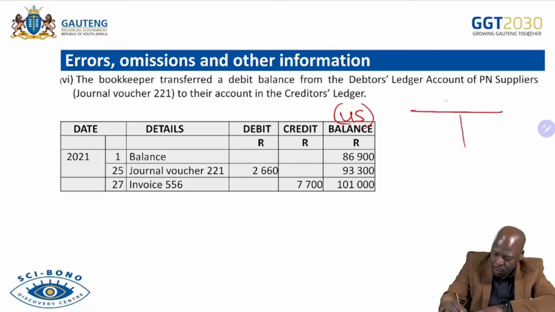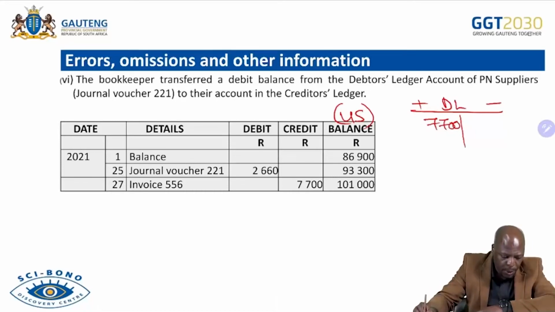So we are having our debtors ledger here, a plus and a minus. And if we're having a debit balance, which is 7,700, and they're saying it should be transferred to the creditors ledger.